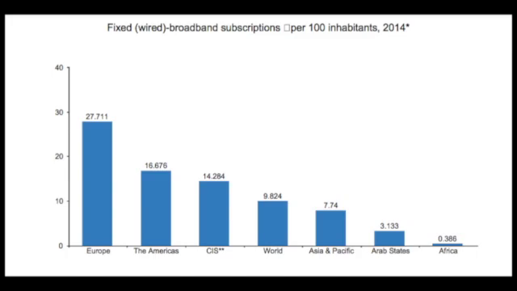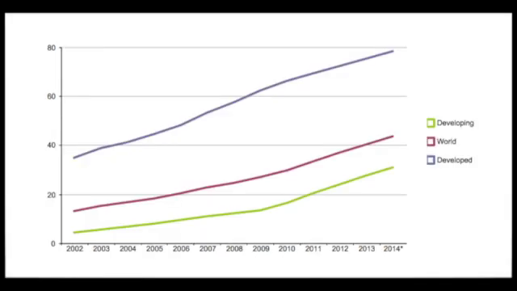Can you see the Asia and Africa? And Asia, in fact, should not make us feel a little better, because when you say 7.7, it actually includes Japan and South Korea. So if you look at countries like India, it gets included in it, so it looks a lot better. 78% of households in developed world have access to computers and internet.